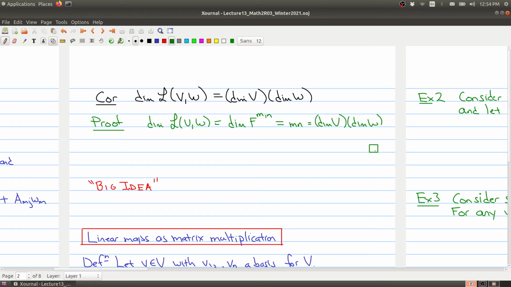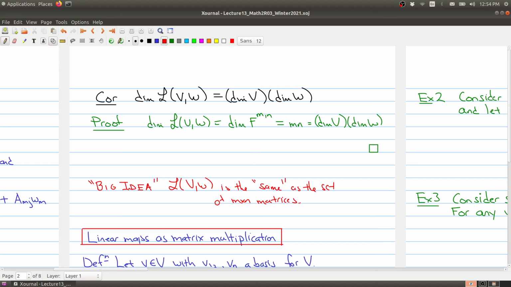Okay, to wrap up this first part of today's lecture, I just want to get across the big idea. The big idea is that L(V,W), this vector space, is the "same" as the set of m by n matrices.